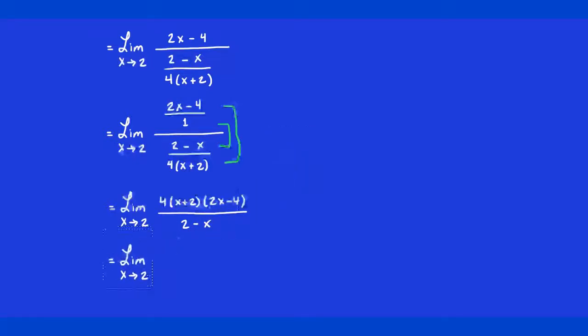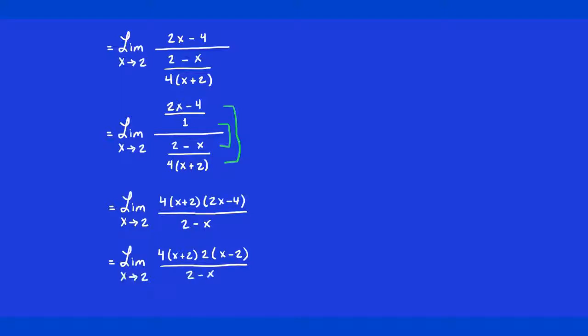First I'm going to factor out a common factor, and we'll get this: 4 times x plus 2 times the common factor, which will be 2, and then we get x minus 2, and below we still have this 2 minus x.